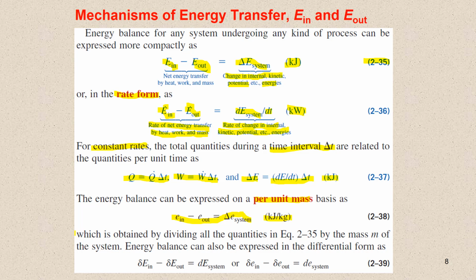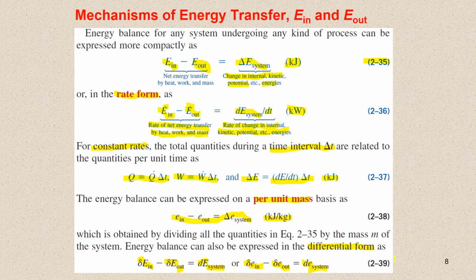Energy balance can be expressed in the differential form as well, as you can see in equation 2-39, where delta E in minus delta E out equals dE of the system, or on a per unit mass basis, delta e in minus delta e out equals de of the system.